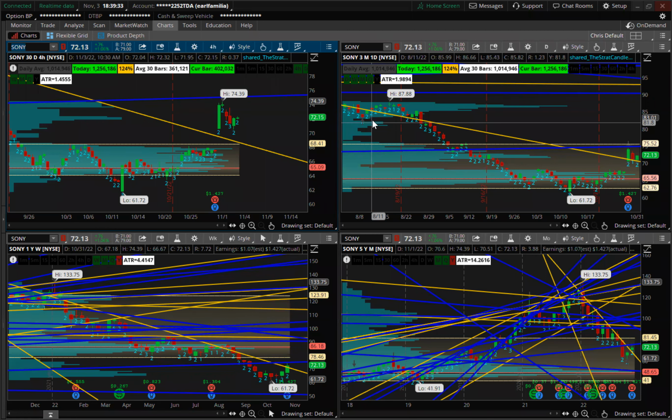So we got Sony, gap up this week. Kind of holding strong, kind of traveling down that broad formation. 1, 2, 2. So tomorrow could give you a 1, 2, 2 to the upside. That's what I'll be looking for on this one. Not sure how it plays on 0 days, but 1, 2, 2 above 72.32 is the level for entry.